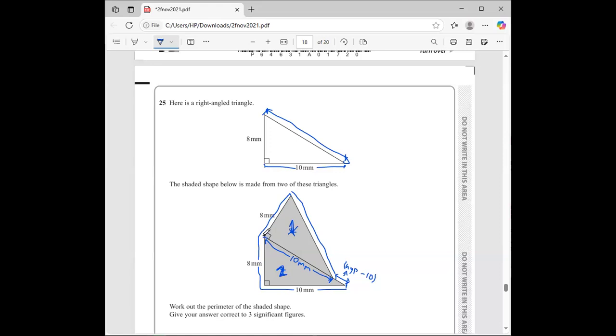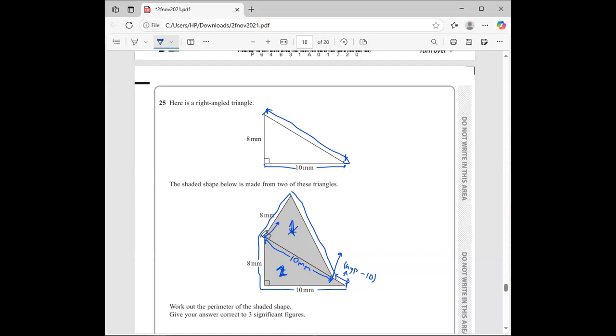That this guy in triangle 1, from here to here, okay? I hope you can see what I'm marking. This place to this place, from here to here is just 10 millimeters for triangle 1.